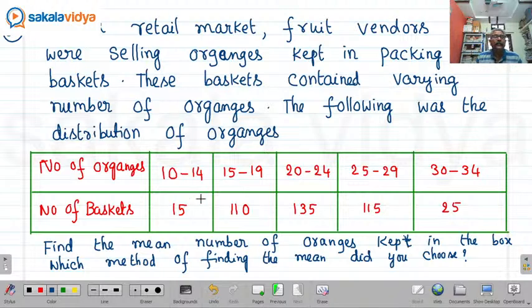Moreover, if you observe, the class intervals are not continuous, because after 14 we have 15, after 19 we have 20, after 24 we have 25, after 29 we have 30. So they are not continuous classes. The height may be 4 here, but the size of the class, the width of the class, might be 5.